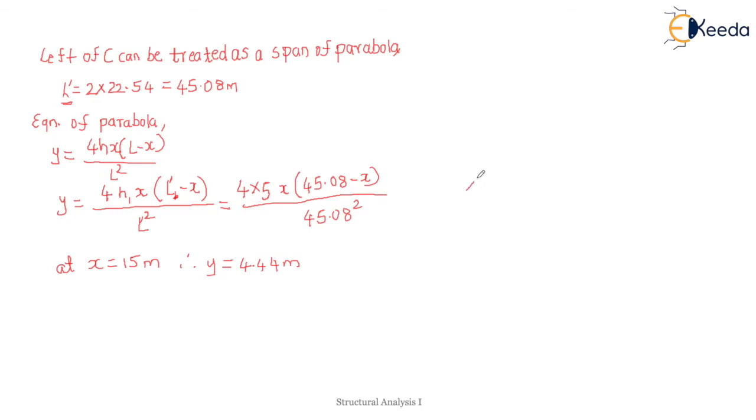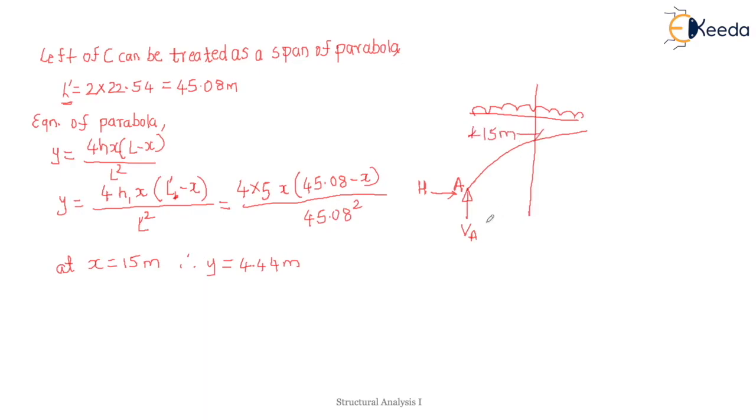When you see this arch, here we have a support, and we have VA, then we have a horizontal thrust H, and then we have a UDL acting. We have to calculate the moment at this point only, that is, at 15 meter only.